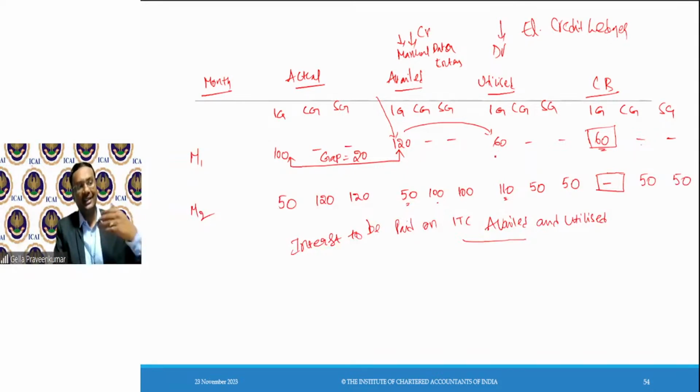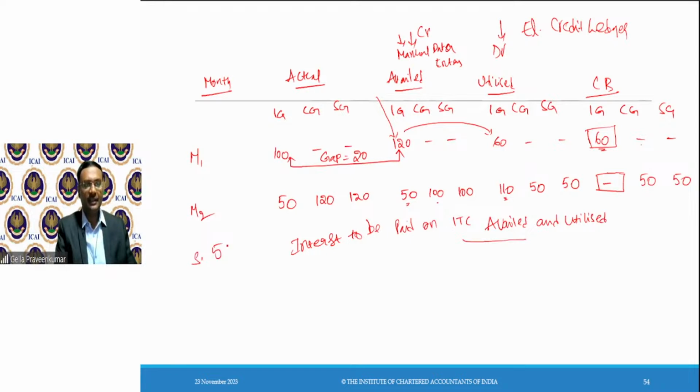Now there are theories: FIFO basis, LIFO basis. The GST officer may say whatever 20 rupees was there has been utilized first, and the balance after that you should calculate from 100. But GST provisions are very clear.